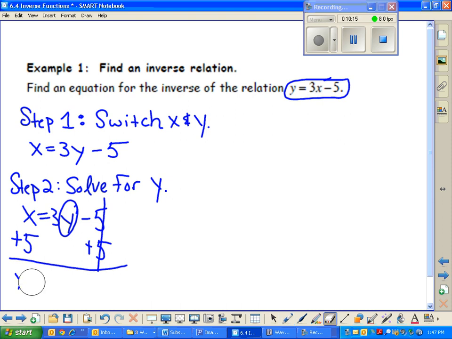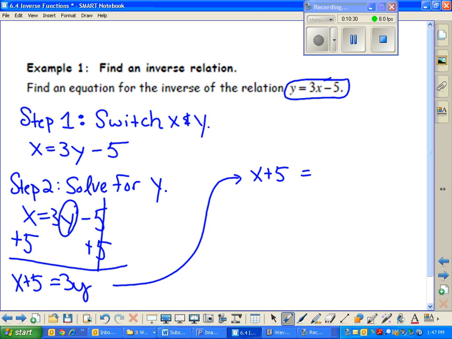Hold up. So on the left side, that balances to be x plus 5, and that's equal to 3y. I'm almost done. I'm going to come back up here for a second. So I have x plus 5 equals 3y. I now need to get that y still by itself, so I'm going to divide both sides of that function by 3. So right now I have y equals x plus 5 all over 3.